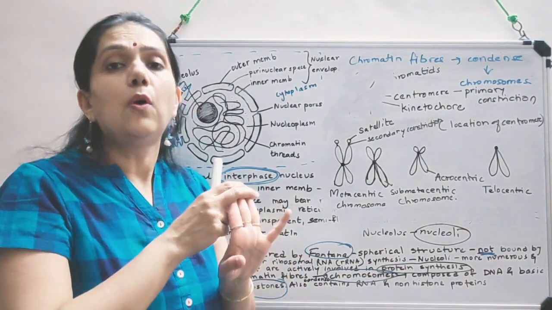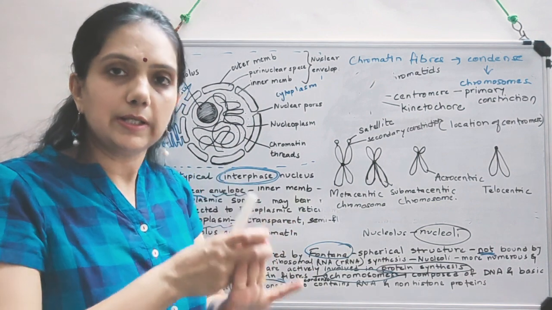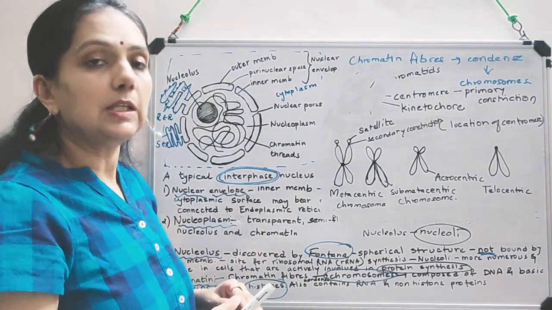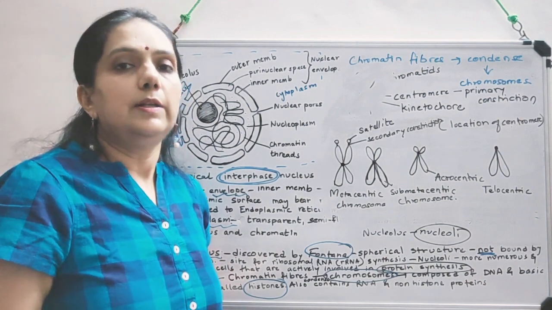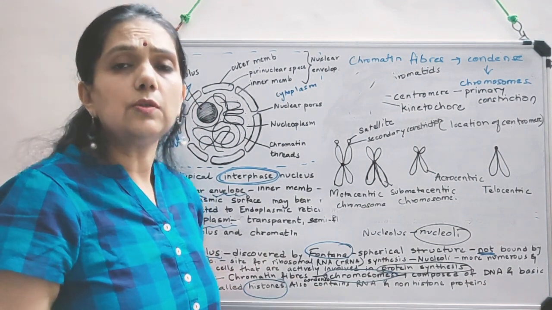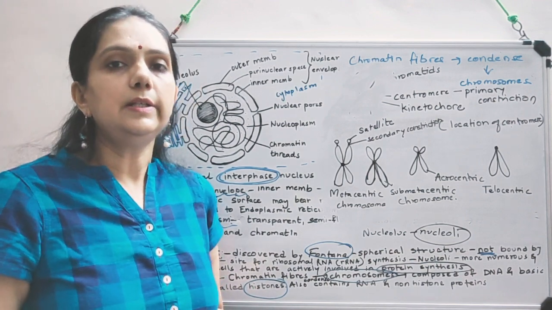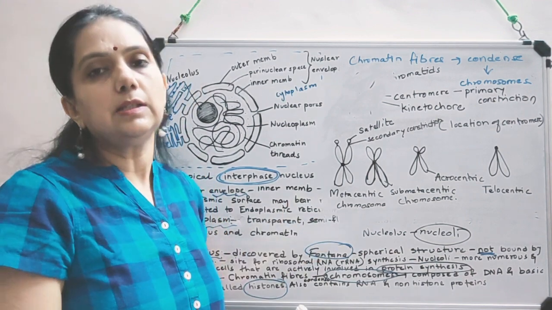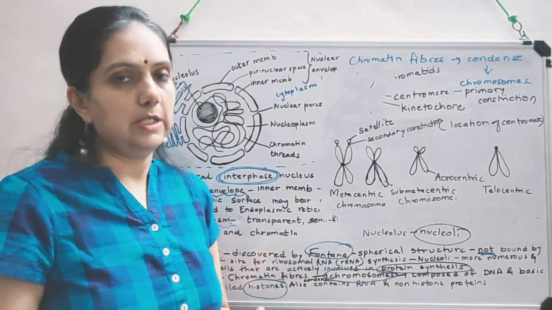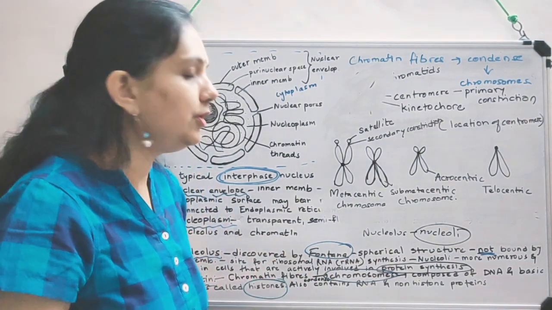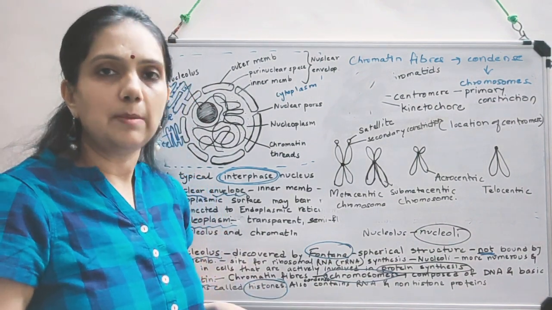It is a decider for the cell cycle, so it regulates the cell cycle. It is involved in synthesis of ribosomes, and it is also responsible for growth of the cells, as it directs the cells to synthesize the structural proteins. So that's all for the nucleus. In the next lecture, we'll take up the endomembrane system.